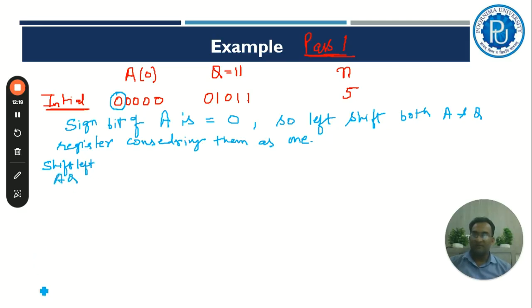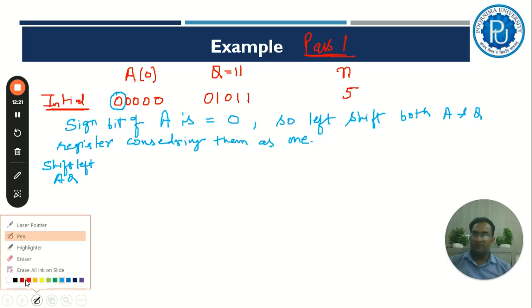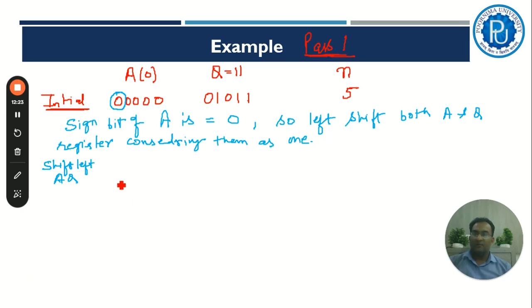So shifting left, this will give us the value 0, 0, 0, 0. The value of this 0 will be shifted here in the accumulator. So this is 0, then 1, 0, 1, 1.